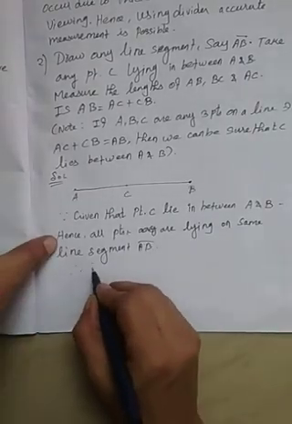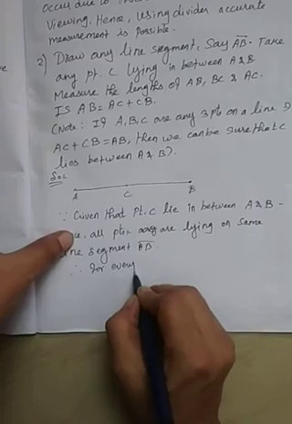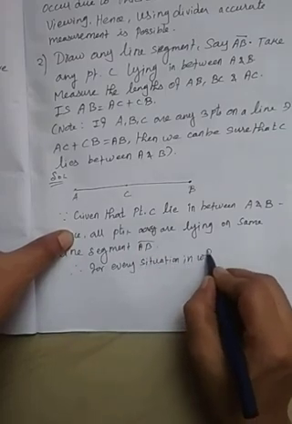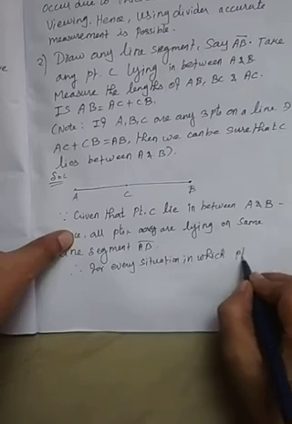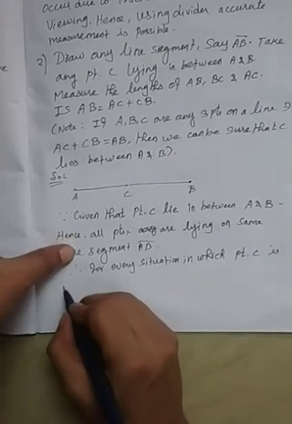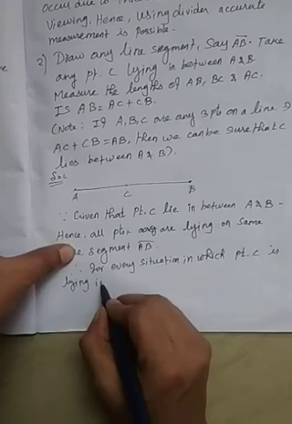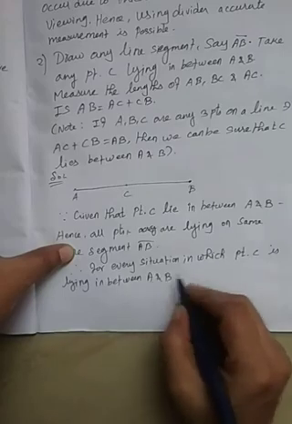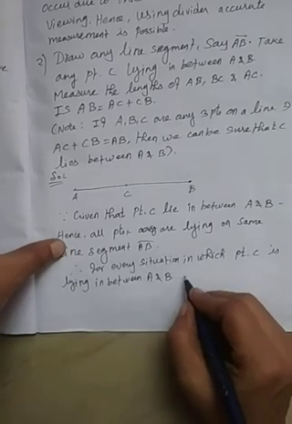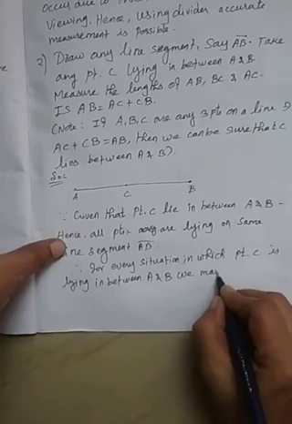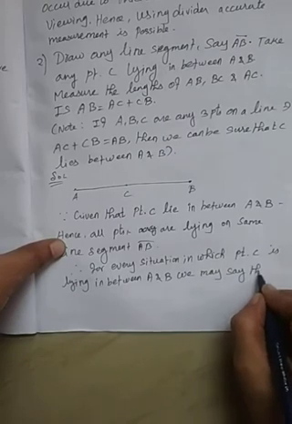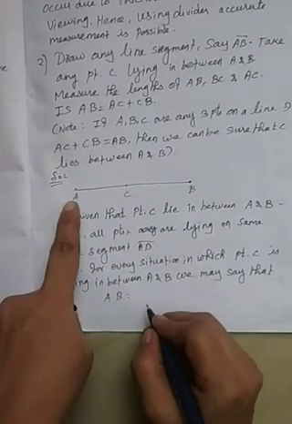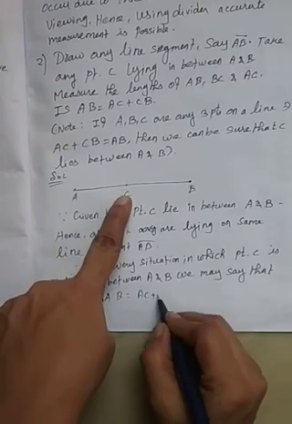Okay, so therefore for every situation in which point C is lying in between A and B, we may say that AB equal to, we can write AC plus CB.